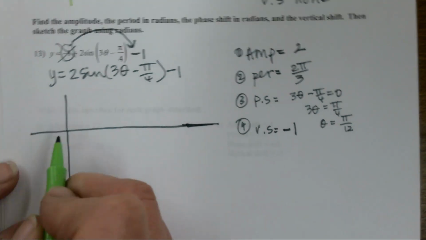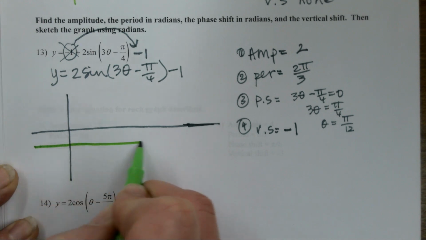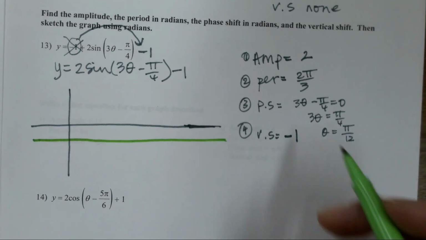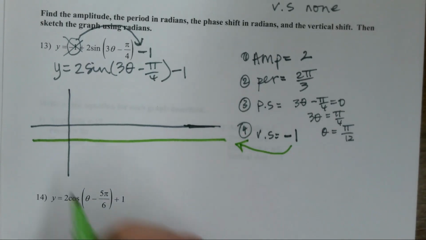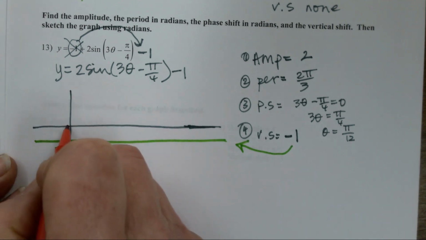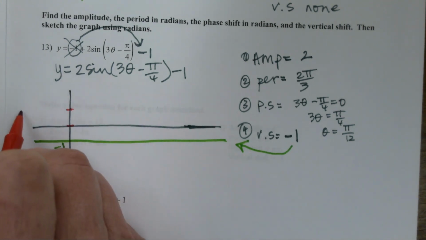So I did give myself good. My new vertical axis is down 1. That's at -1. My amplitude is going to go 2 above -1.